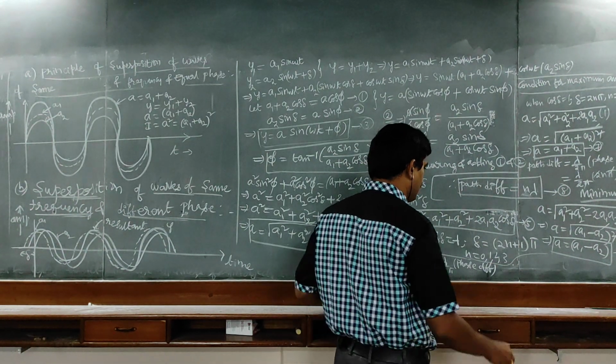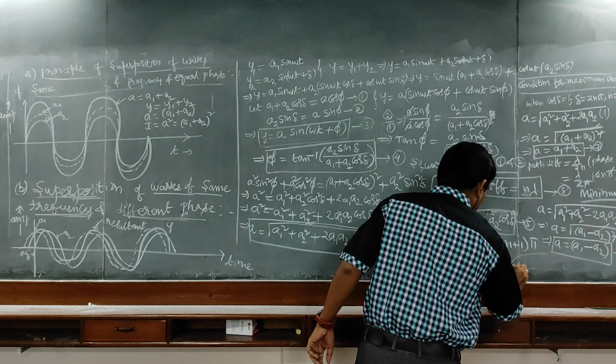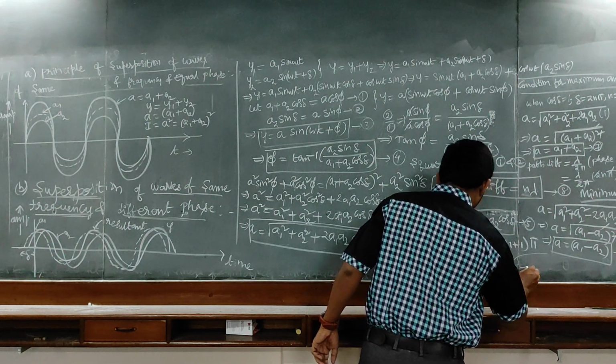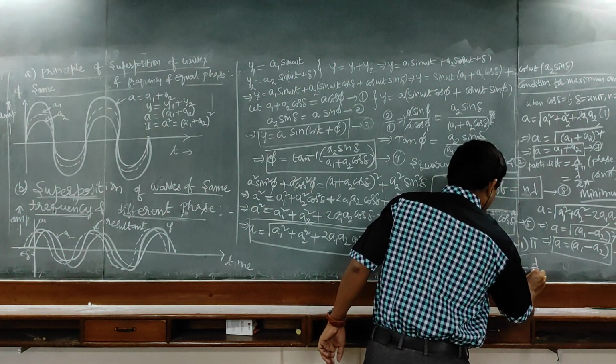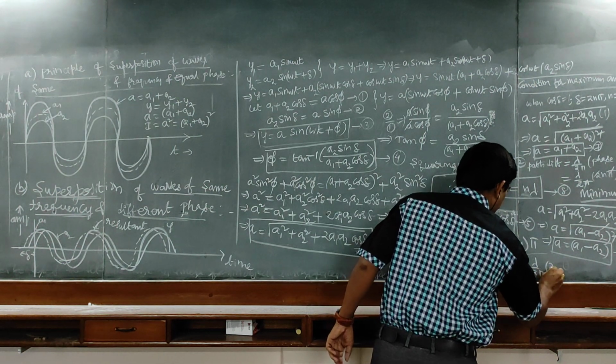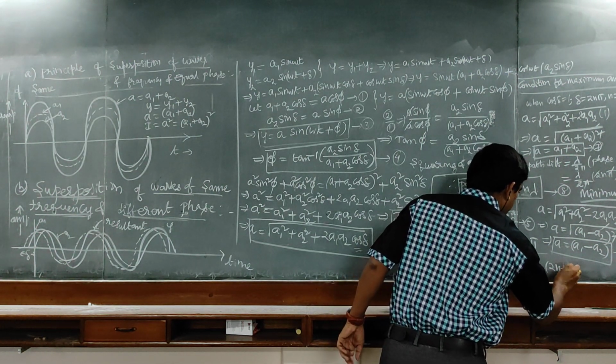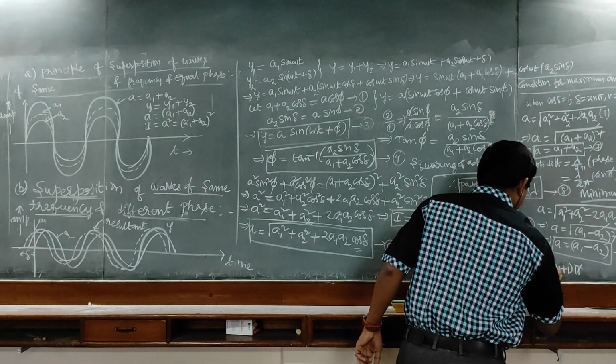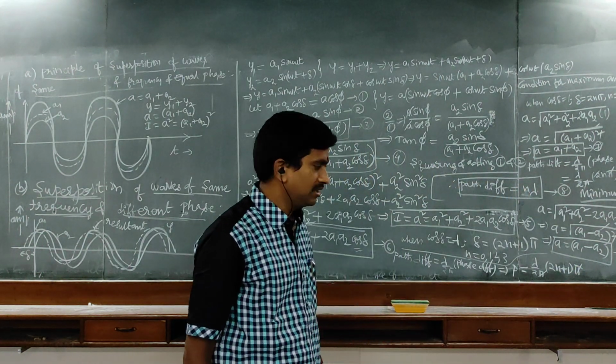If we substitute that value, path difference is equal to lambda by 2 pi into (2n plus 1) into pi. Therefore pi will get cancelled.